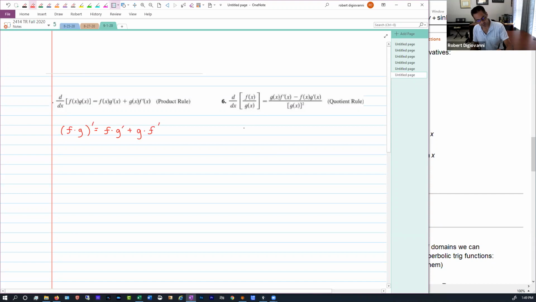And then if you look at their quotient rule, they're saying if you take the quotient of two functions, f and g, then the derivative should be g times f prime minus f times g prime all over g squared. So those are the formulas according to the textbook.